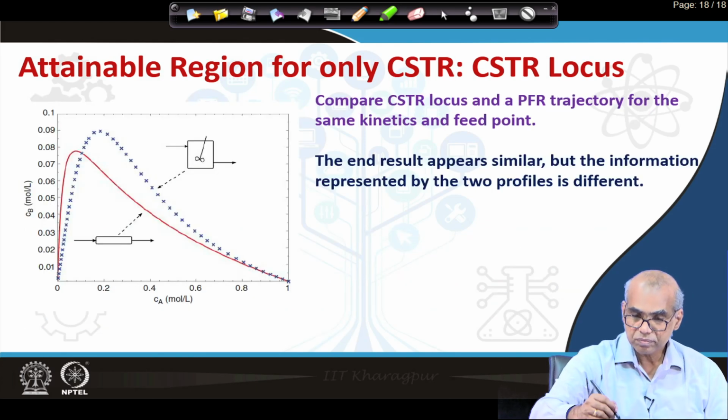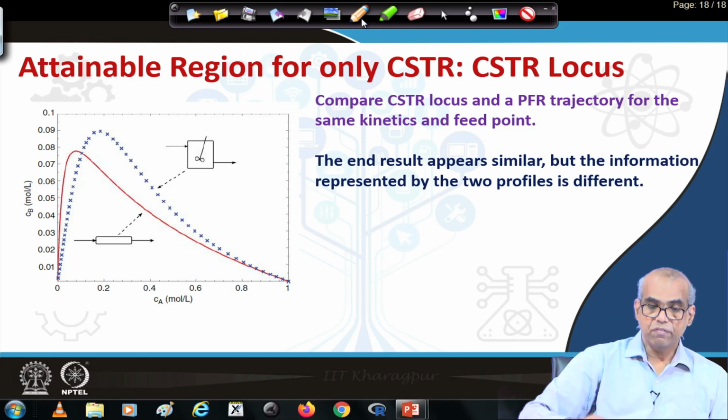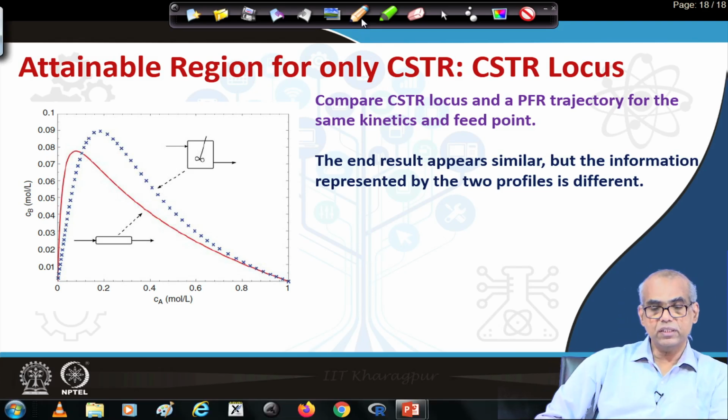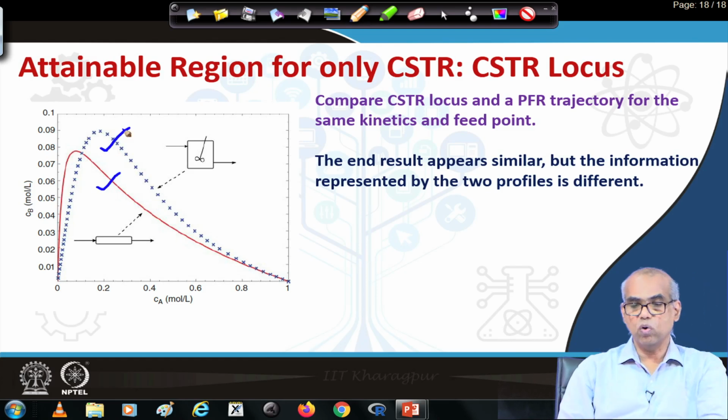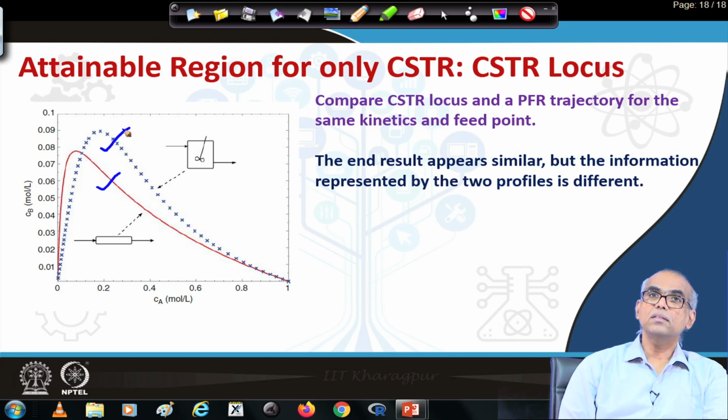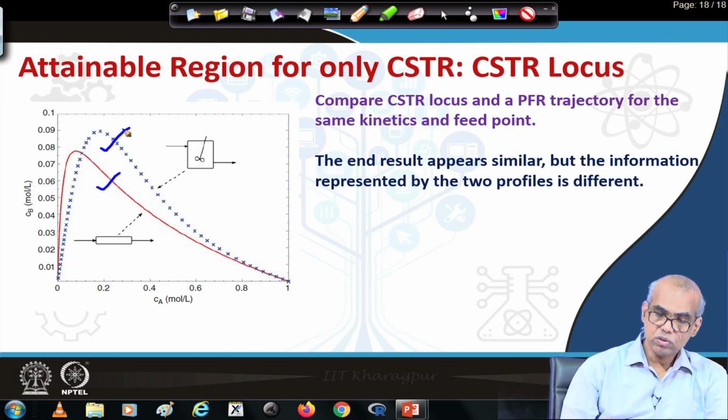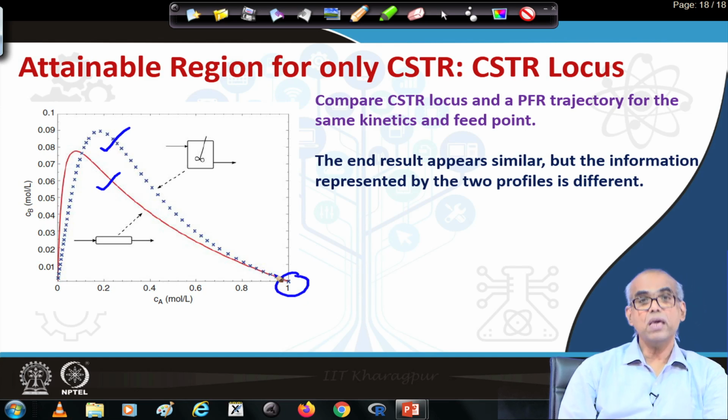So, this is the figure which shows you the PFR trajectory as well as the CSTR locus. They are obtained for the same reactions, Van der Waals reaction scheme, same kinetics, and also the same feed point, CA equal to 1, CB equal to 0.